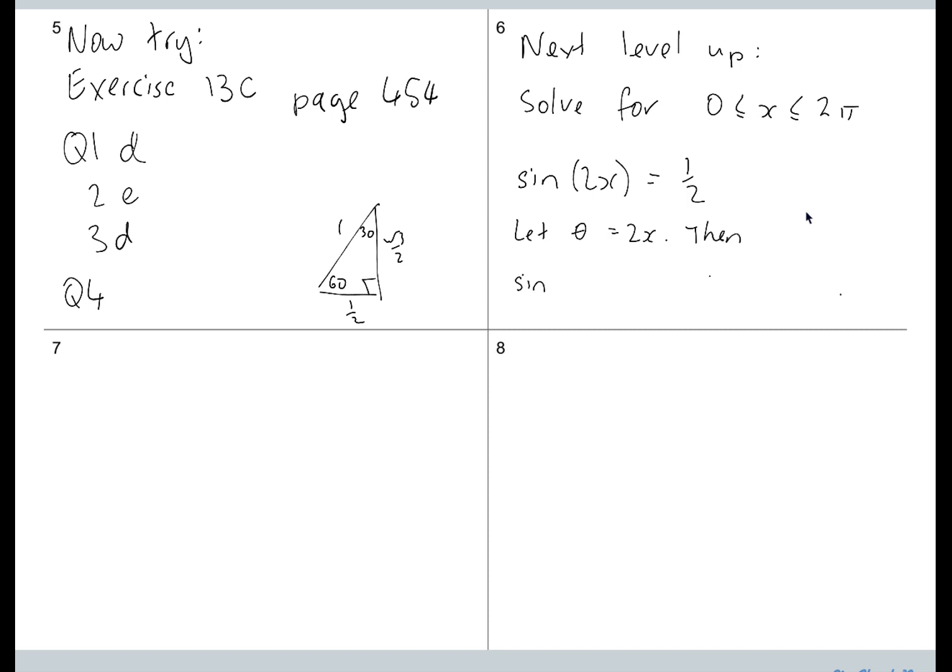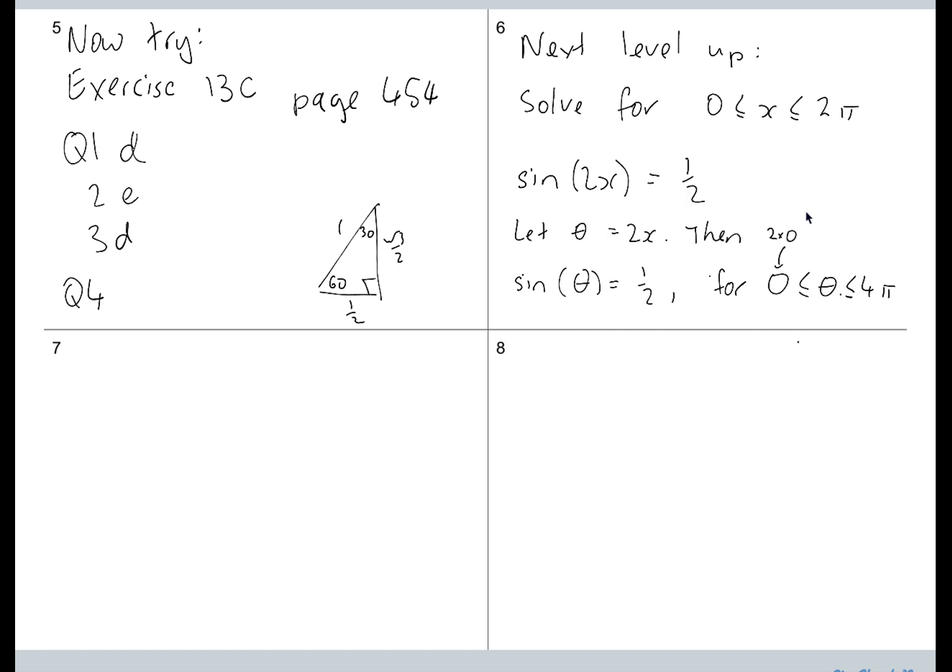Then sine of theta is equal to 1/2 for, and what we're going to do is double that restricted domain. So we've got 0, actually, yeah, I said it around the wrong way, Jeremy. It actually makes more solutions. 0 is less than or equal to theta is less than or equal to 4 pi.